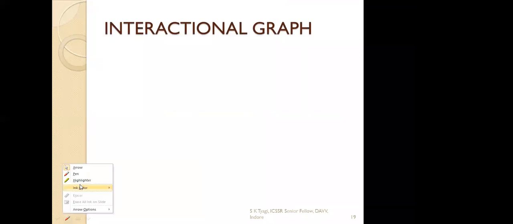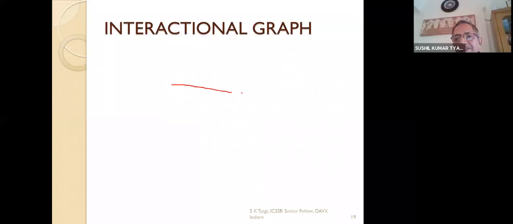Say a graph like this. This is an intersecting graph. Because the lines intersect, at first sight people will say that there is interaction.